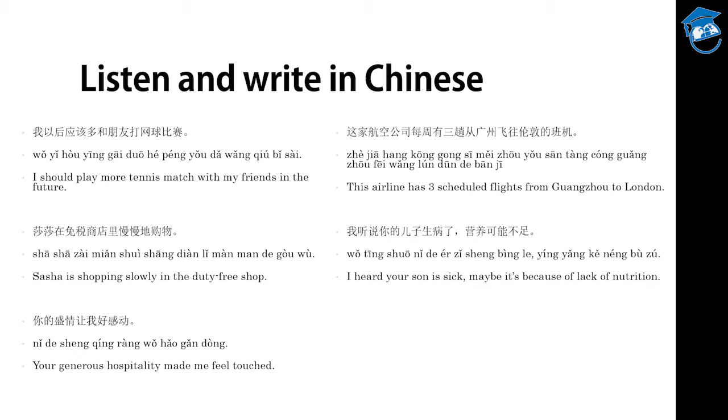I know this sounds weird if you are really asking somebody about their son being sick, but for this sentence, I just want you to recall what nutrition is and learn more about how to use 足, specifically 不足. It is quite a common usage as well.